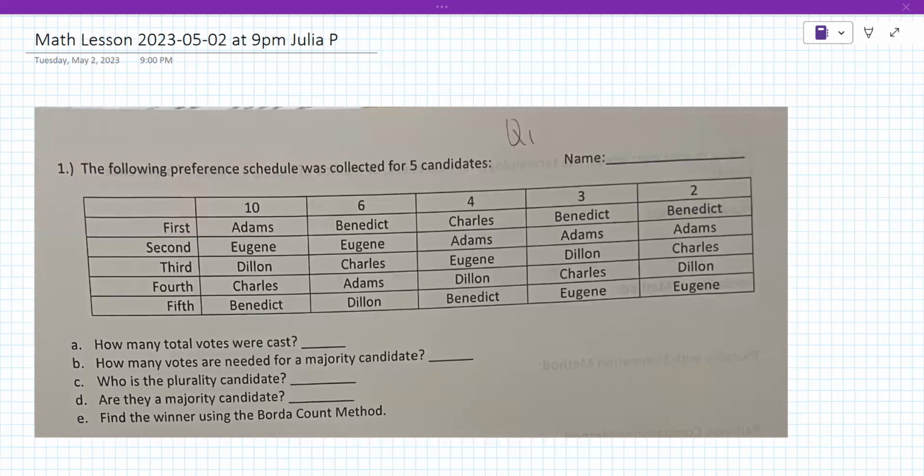So let's look up voting methods, majority, candidate, example. I found a pretty good reference last time we were doing this. See if I can find it again here. All right. Do you have any notes to help spur this along here?